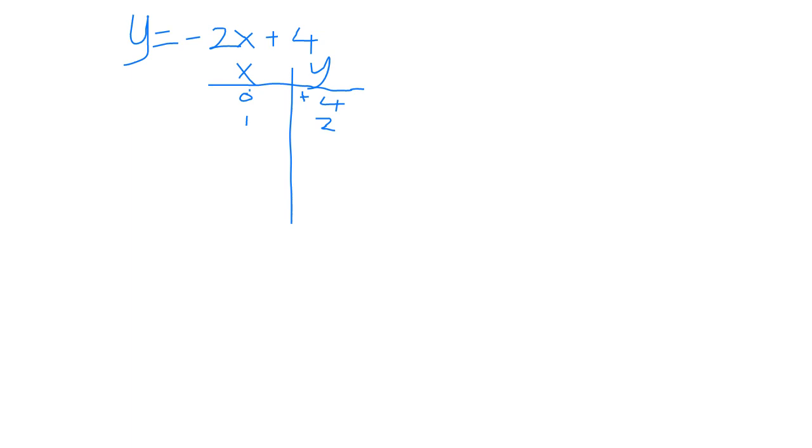If x becomes 2, y becomes 0. If x becomes 3, y becomes negative 2. If x is 4, y becomes negative 4. So you can see that anytime I increase x by 1 unit, y would decrease by 2 units. Can we see that?